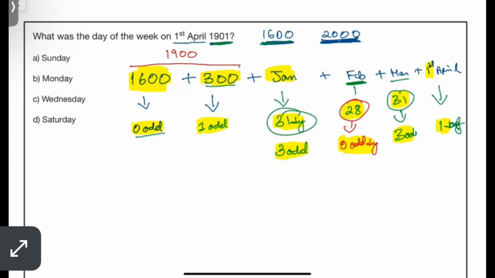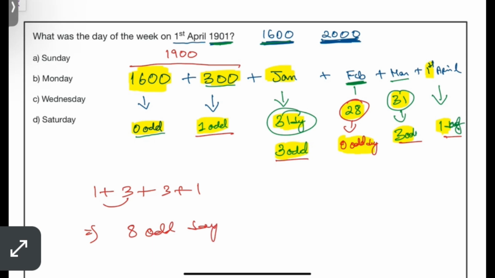So let's find how many odd days there are. I'll just write the terms. 1 plus 3 plus 0 plus 3 plus 1. So 3 plus 1 is 4. 4 plus 3 is 7. 7 plus 1 is 8. 8 odd days.